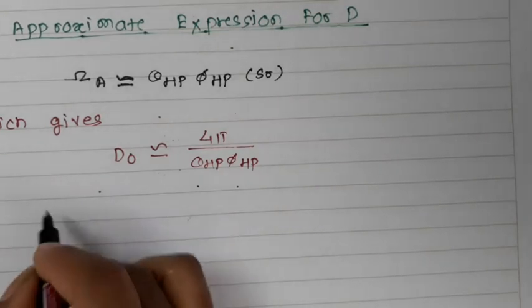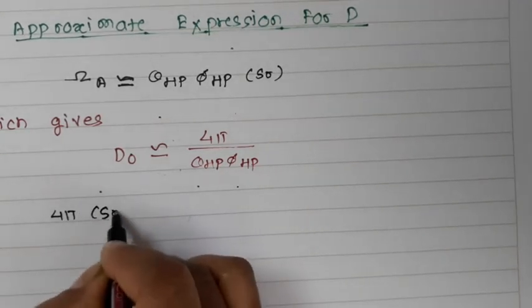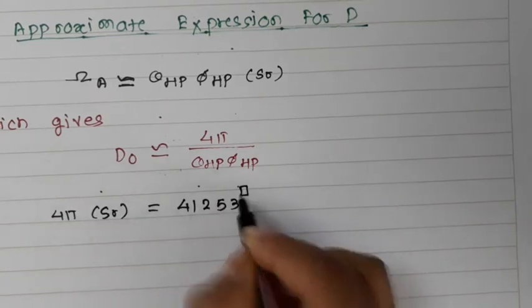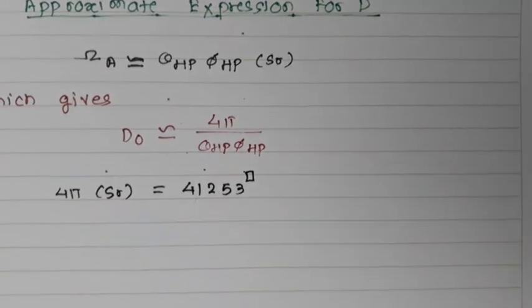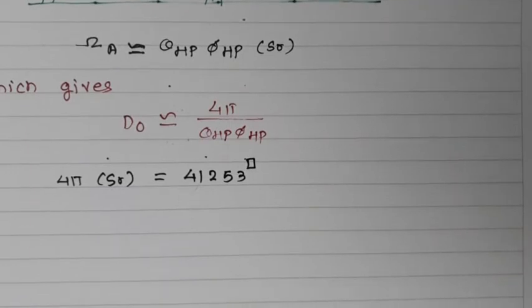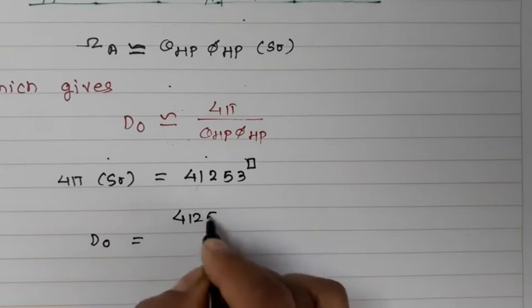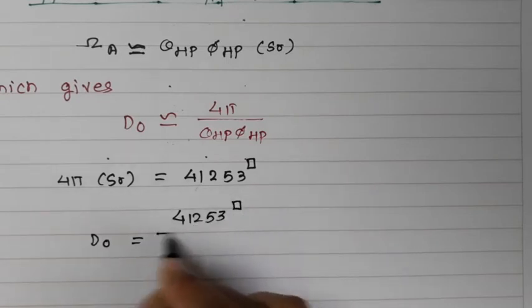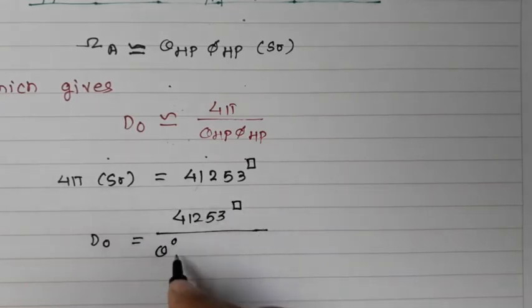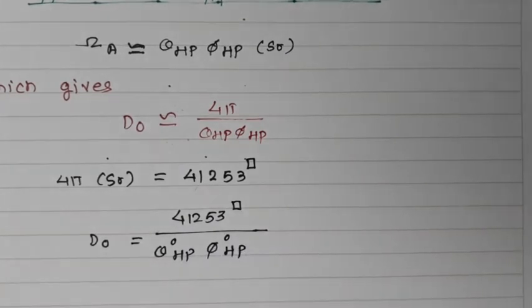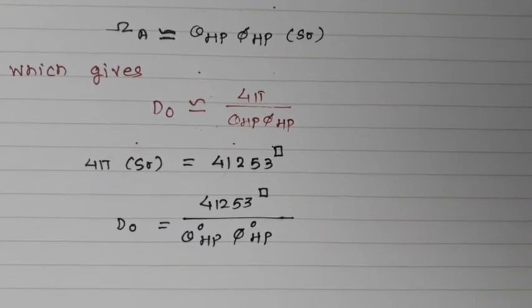So 4 pi steradian is equal to 41253 degree square. So here D0 will be 41253 degree square divided by theta HP degrees times phi HP degrees. So here we have converted our things into the steradians.